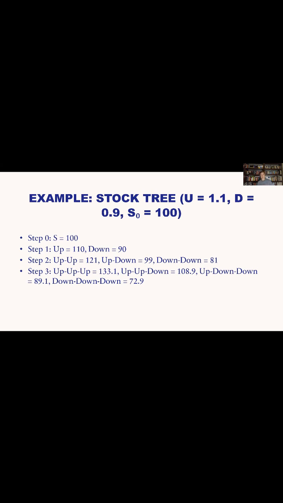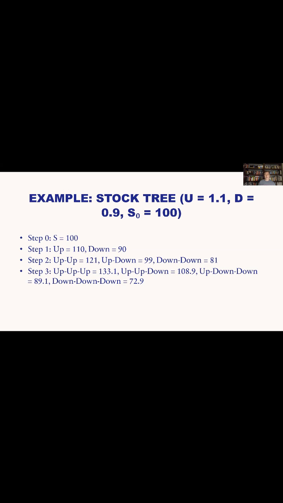And if I go down, down, I take the initial 100, multiply by 0.9 once and then again by 0.9, and that gives me 81. That gives you all of the end prices for a two-step model: up, up, up, down, down, down, and down, up.